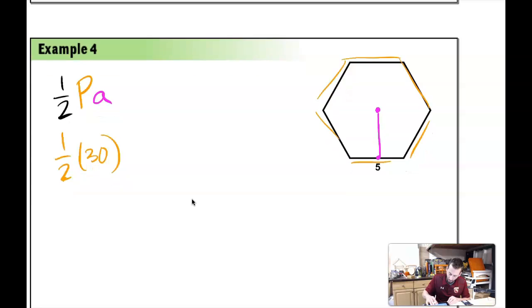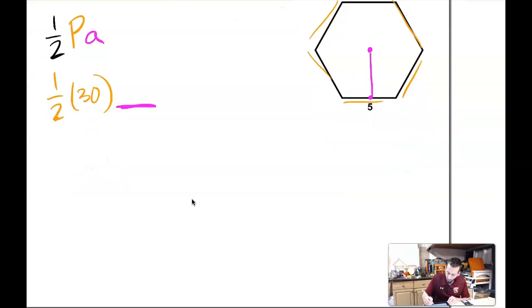So we're going to take a side note. We need the apothem, and we need to figure that out. Now, I want to show you an example, a shortcut version of how to find the apothem only for hexagons.